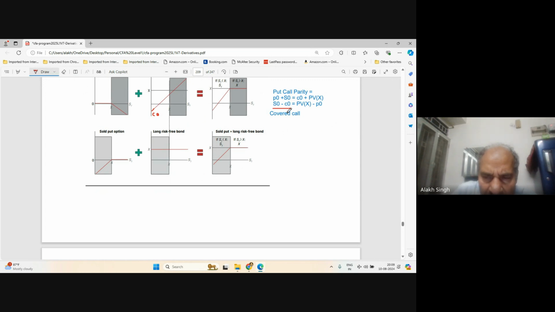If you remember this equation, you can easily derive what a covered call is. You don't have to remember the covered call counterpart. So long as you know the definition of covered call and the put-call parity P0 plus S0, you can easily write the other part.